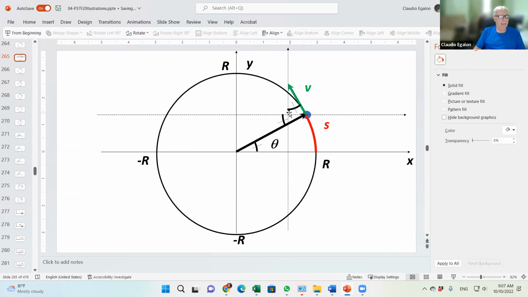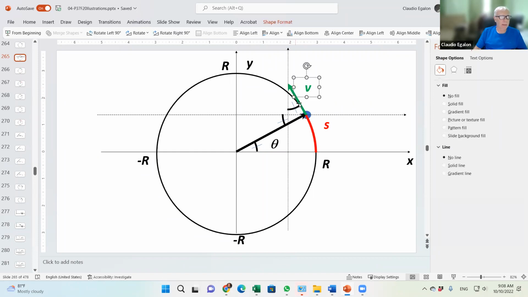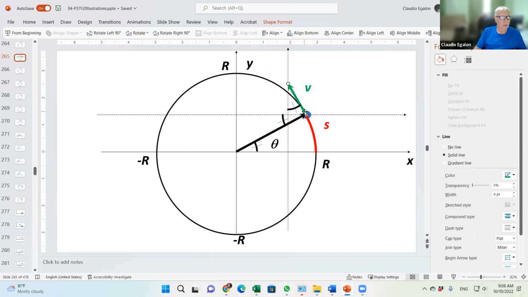And now I break down this velocity vector into x component and y component. Let me break down this velocity here. The x component is in this direction, the y component is in the vertical direction.